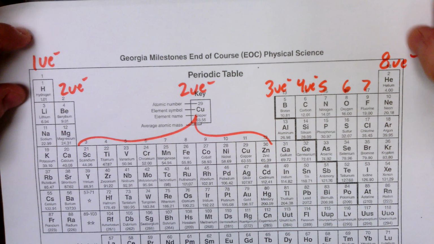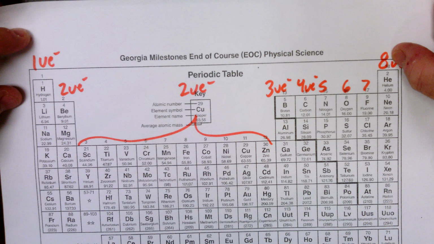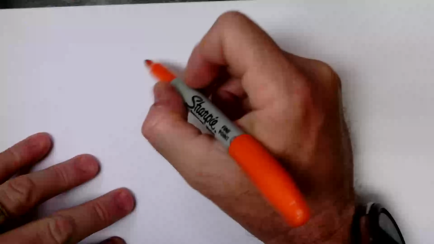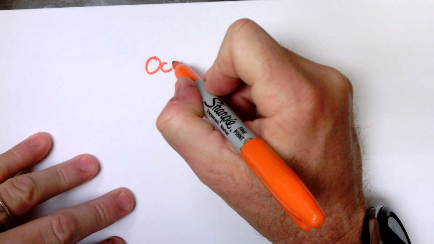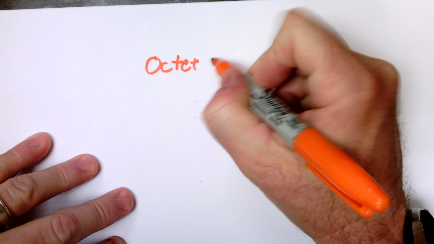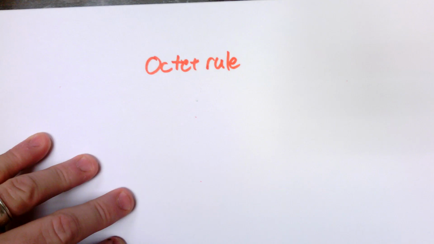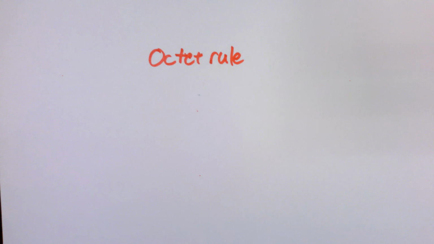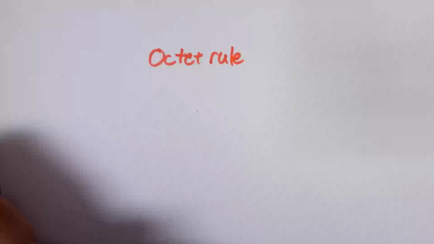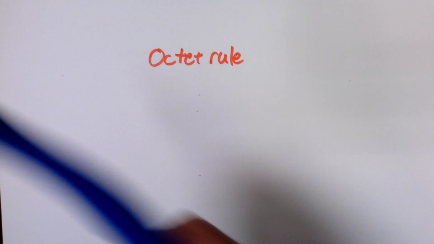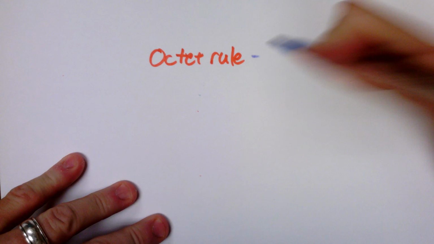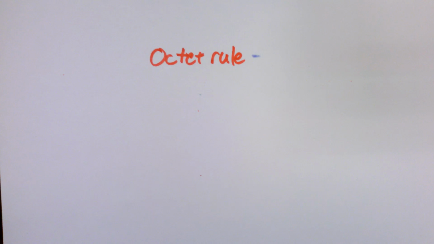So that number 8 is going to be important for us, because there's a term here, another one of those chemical rules, called the Octet Rule. Well, a rule is something you've got to follow, and this is something that atoms do follow. I'm going to simplify this for you.